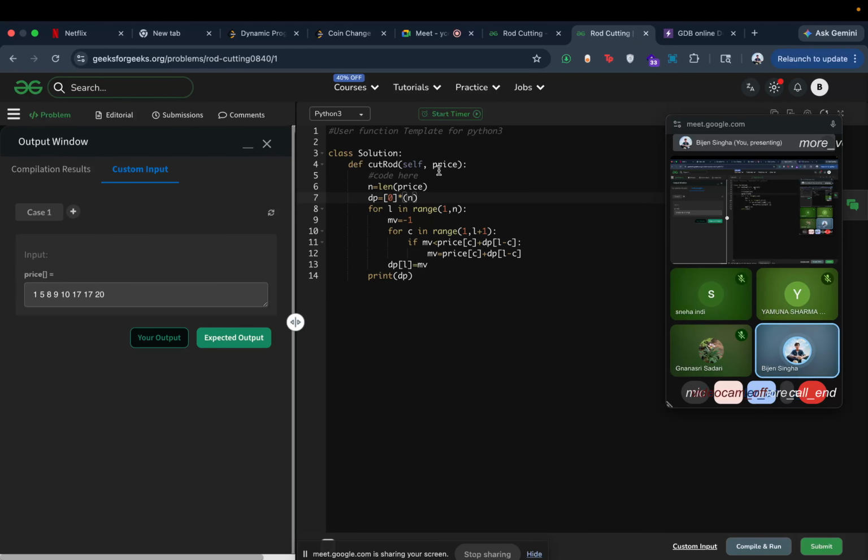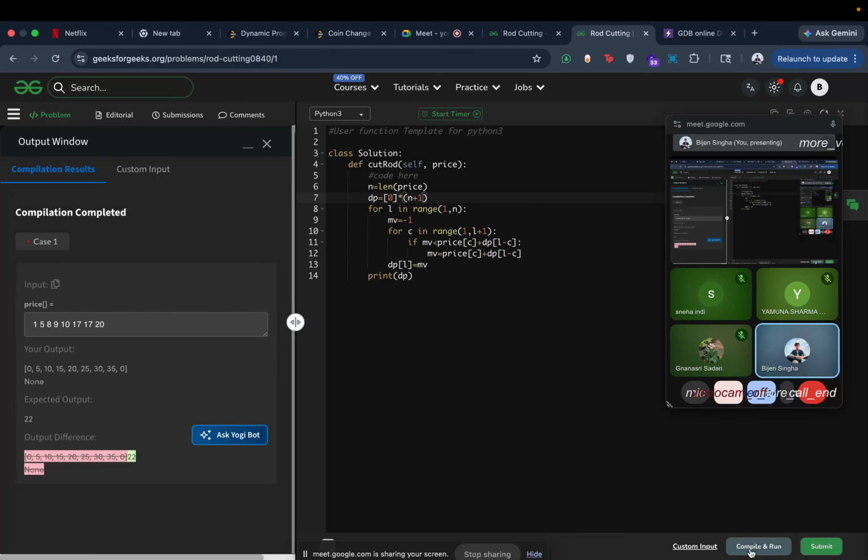Okay, so price is this n plus 1, I guess then. Here I am not understanding.